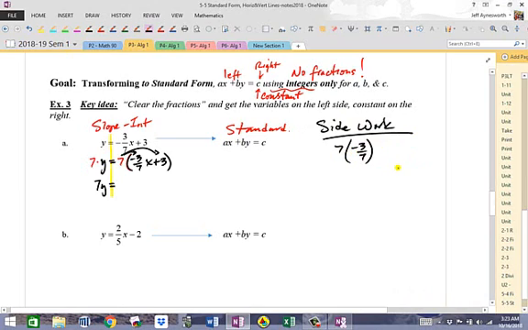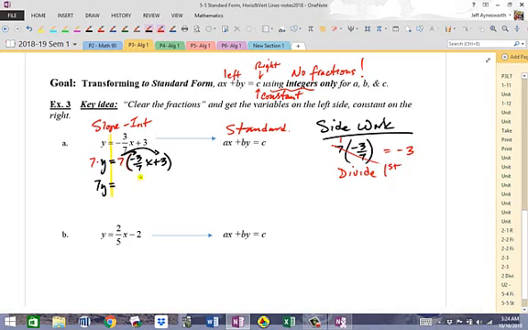I think it's easier to divide first, because 7 divided by 7 is 1, and 1 times -3 is -3. So divide first, it's easier. Then multiply. So 1 times -3 is obviously -3. So when I distribute through, I get -3x here, and then 7 times 3 is 21.